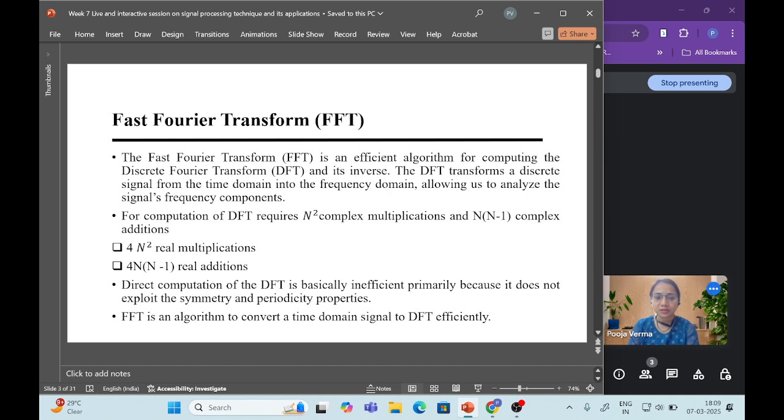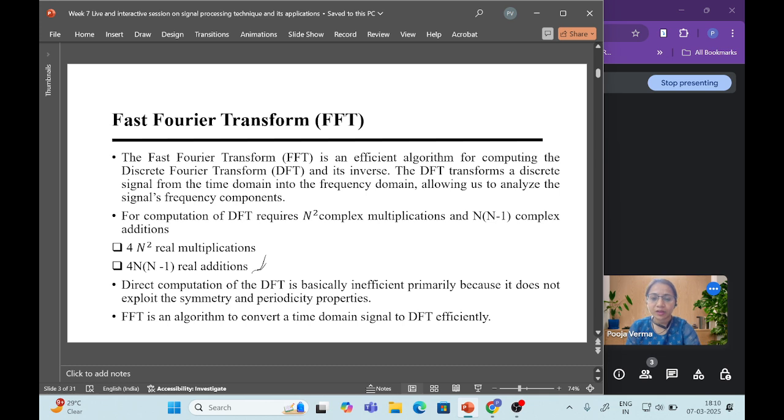The DFT transforms a discrete time domain signal into a frequency domain signal, which allows us to analyze the signal's frequency components. For direct computation, the DFT requires N square complex multiplications and N minus 1 complex additions, a total of 4N square real multiplications and 4N minus 1 real additions.